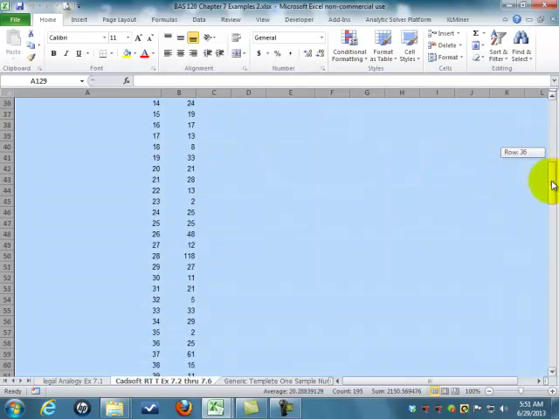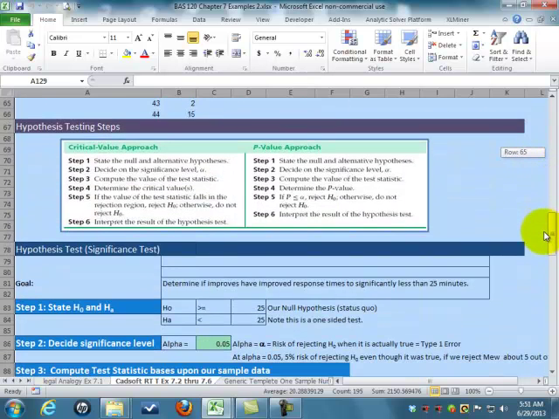improvement is statistically significant? Well, if we remember our hypothesis testing steps, we have two approaches. We can look at the critical value approach or the p-value approach, and they're very similar. State the null hypothesis and the alternative hypothesis, decide a significance level, compute the value of the test statistic, and then we either determine the critical value or the p-value, and then we compare the test statistic to the critical value, and if it falls outside the rejection region, we'll reject the null hypothesis.